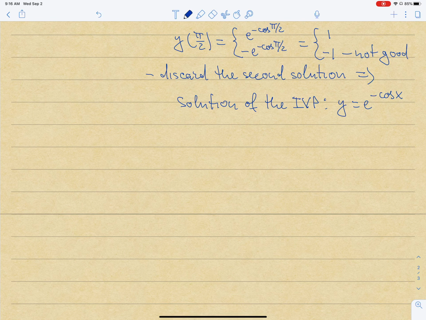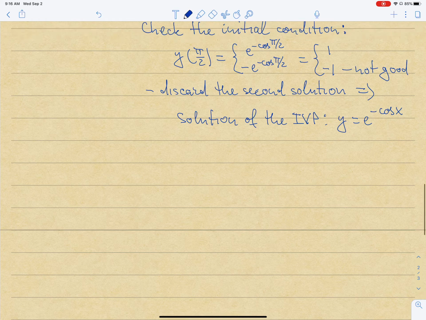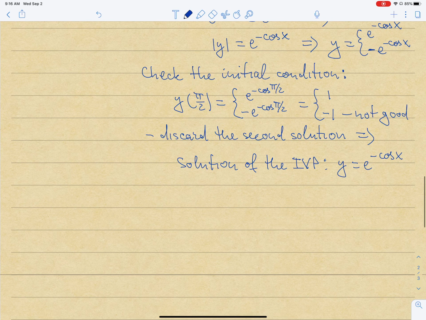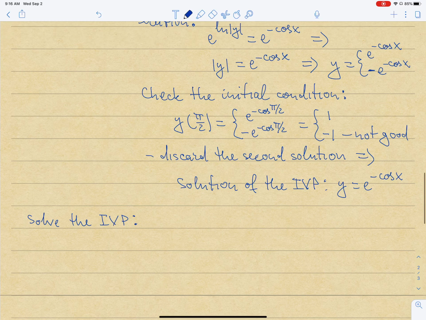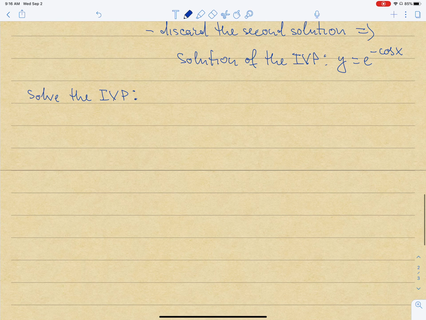Now, let's say I want to solve another IVP, another initial value problem. Same equation, y prime is equal to y sine x.